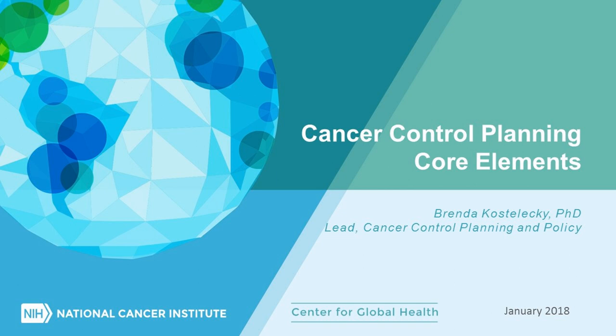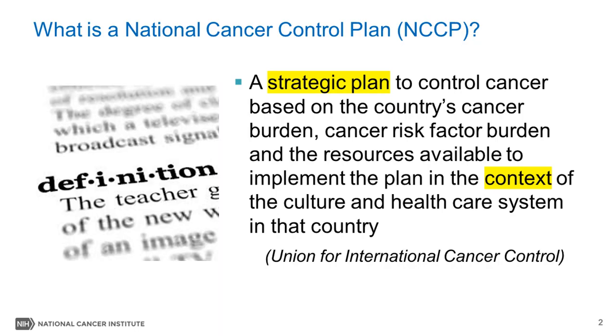Yeah. Okay, great. So I was asked just to give a very short overview of cancer control planning core elements, and I know that a lot of you are familiar with cancer control plans, so this is going to be really brief. But I wanted to start with a definition of a cancer control plan, because a lot of times we talk about cancer control strategies and cancer control policies relatively interchangeably.